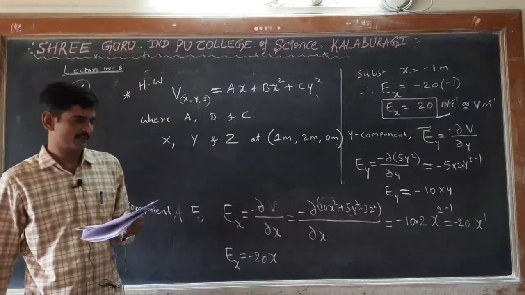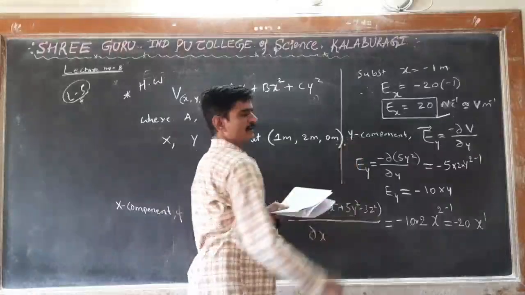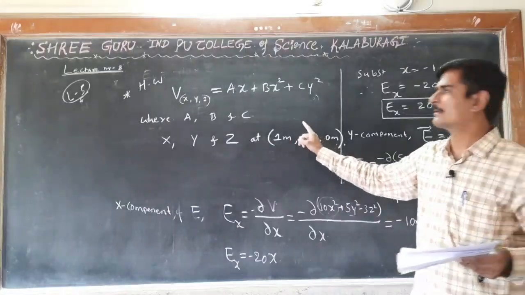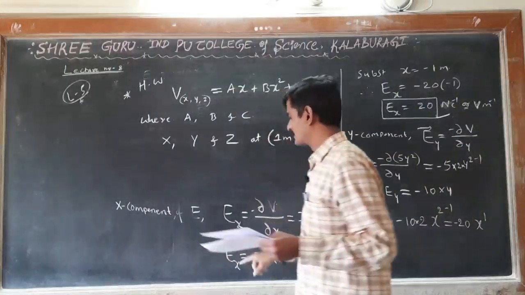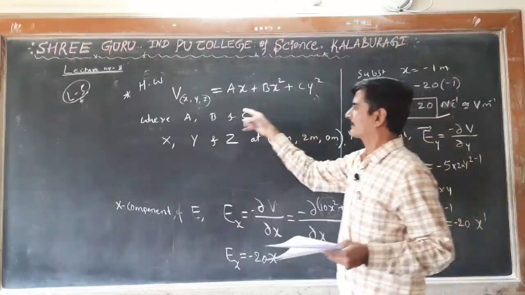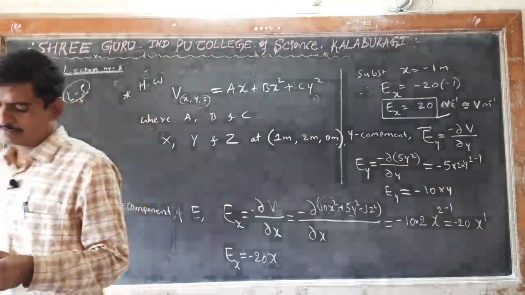These are the points. This is a numerical, so you have to solve it on your own. It is the same way. Here A, B and C are constants, like the numbers 10, 5 and 3 in the previous question. Solve on your own and you will get the answer.